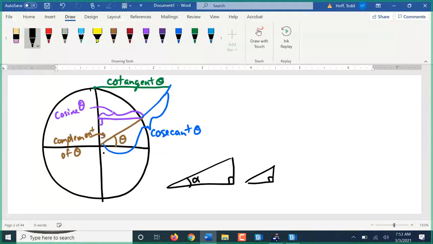No matter how big that angle is, if it has the angle alpha and it's a right triangle, we know those triangles are similar because we have the right angle, we have angle alpha. If we have 2 out of the 3 angles, the third one has to be the same. So those have to be similar triangles. So for all right triangles, if we have one of the other angles the same, they are similar triangles.